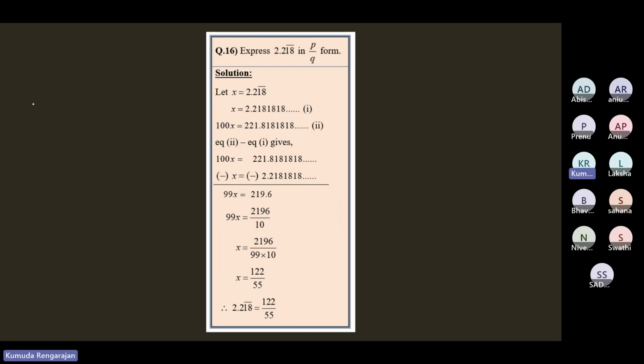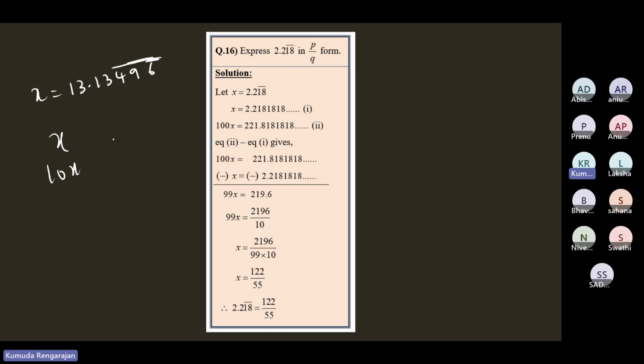Supposing we have x is equal to 13.13496 recurring. How many digits? The bar is on top of 1 digit, so you should have x and 10x. Subtract these two, you will get the answer. If the bar is on top of 2 digits, 100x.